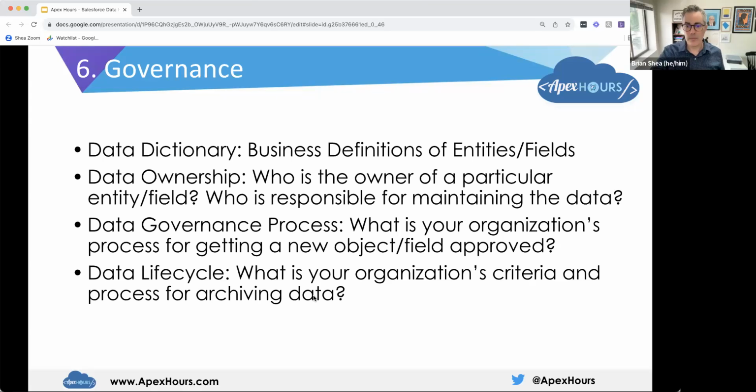So there are some artifacts and processes that can be valuable here. One is a data dictionary, which is business definitions of our entities and fields. This is one of those tools that can be of a lot of value.